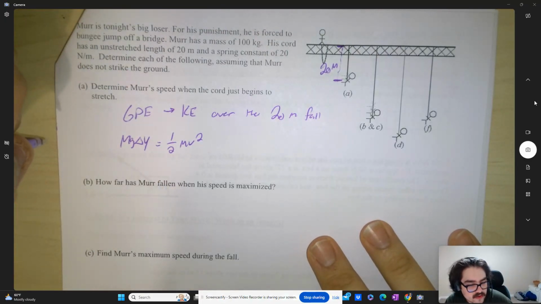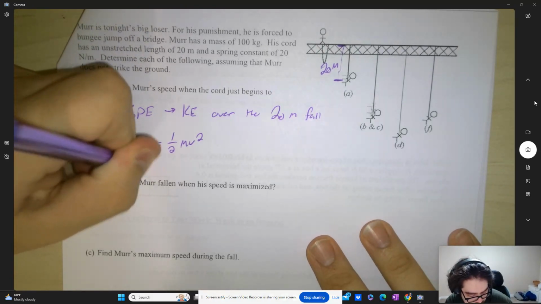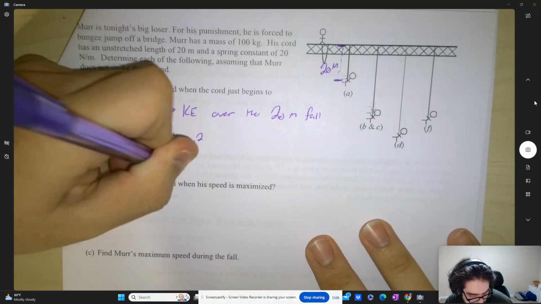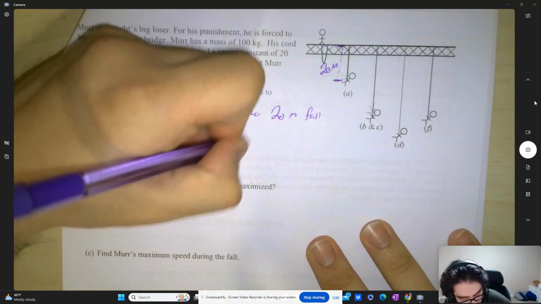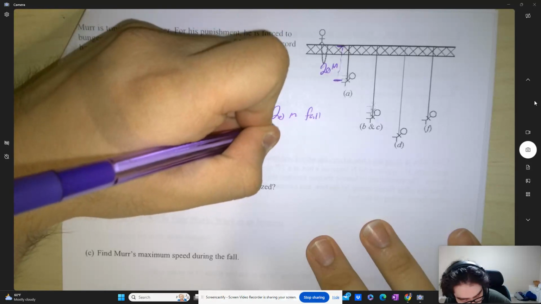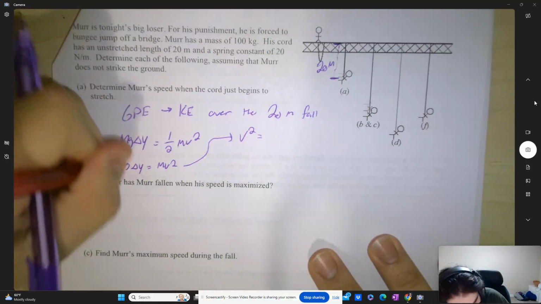Because that's what I'm trying to figure out. So I'm going to multiply by 2 to get 2mg delta y equals mv squared divided by m. Okay, I get v squared equals, and I don't even need to show you this step, right? Because it just ends up being that the m's cancel out.